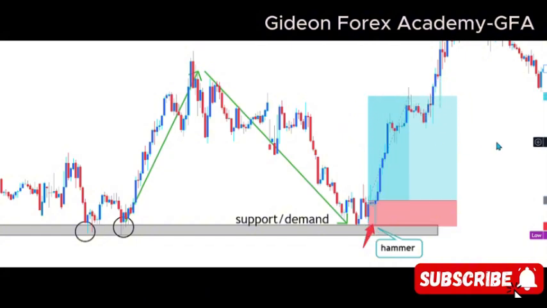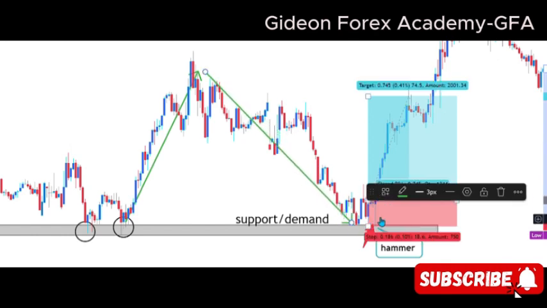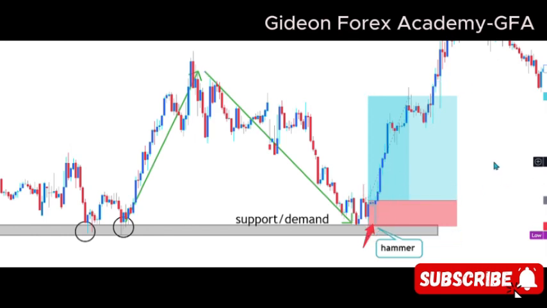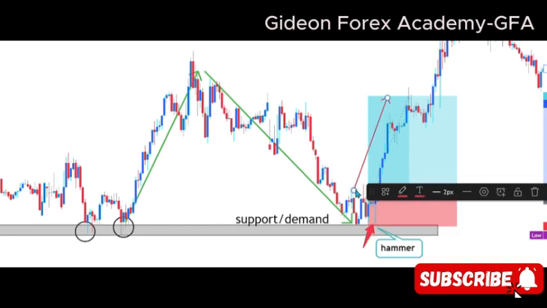You can see that the momentary downtrend has reversed after that hammer candlestick pattern, indicating aggressive buying pressure to the upside. So there is a reversal of price back to the upside, a rise in buying pressure.